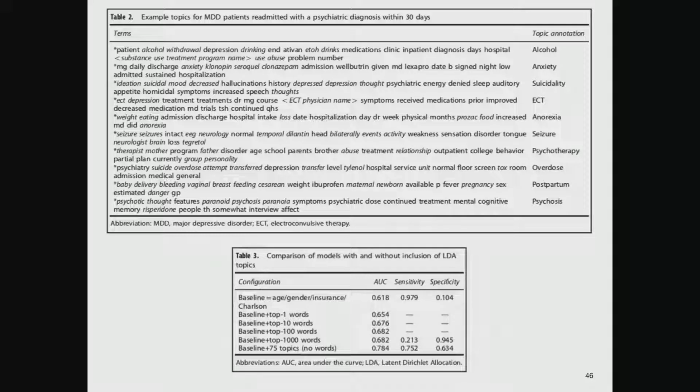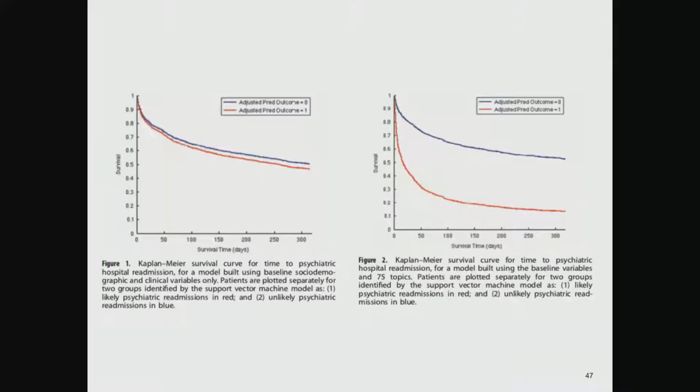They're just a statistical summarization of the common co-occurrences of words in these documents. But what you find is that if you use the baseline model, which used just the socio-demographic and clinical variables, and you ask what's the difference in survival, in this case time to readmission, between one set and another in this cohort, the answer is they're pretty similar.